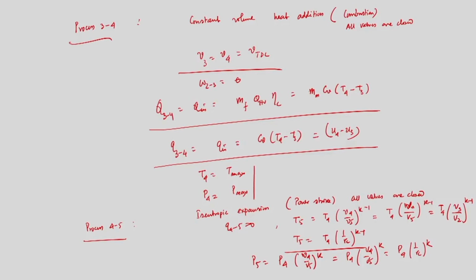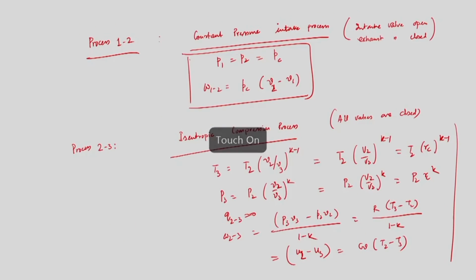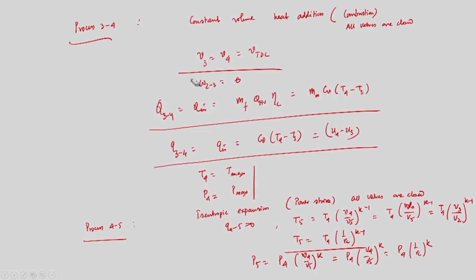Now another process is constant volume heat rejection, that is process 5 to 2. If we go back to my previous slide, process 5 to 2 is the constant volume heat rejection.